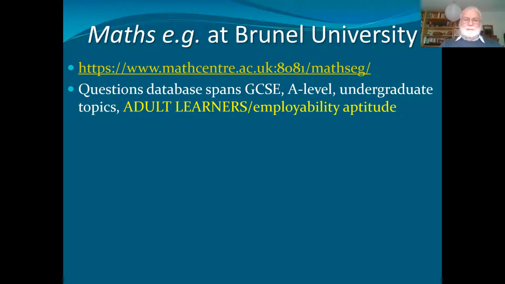They'll be more interested in what's my tax deduction, etc. So there's a whole range of possibilities, and I think that some of the learning stuff needs to benefit from the developments in the maths community and exporting the sorts of things we can do down to not the school level necessarily, but to this adult learner and employability aptitude type tests as well.